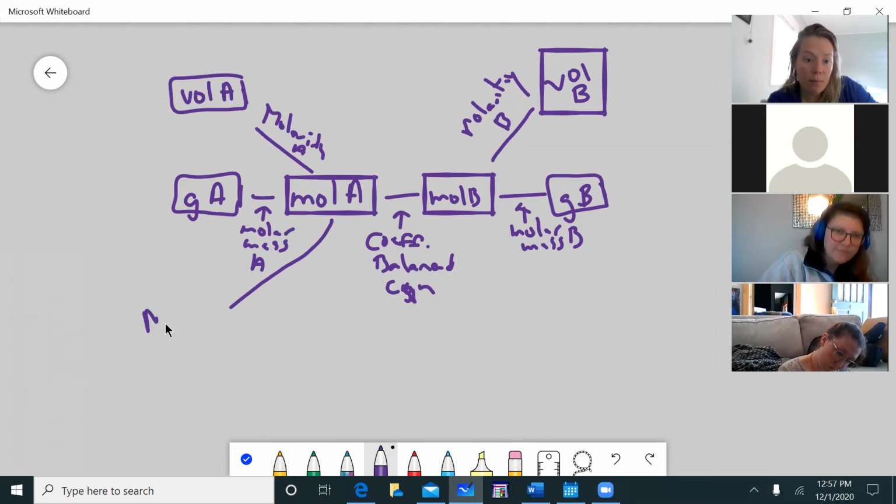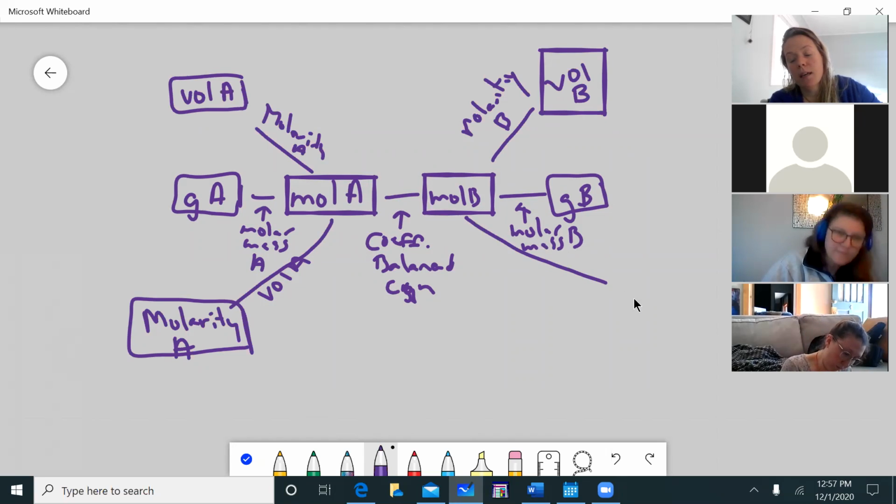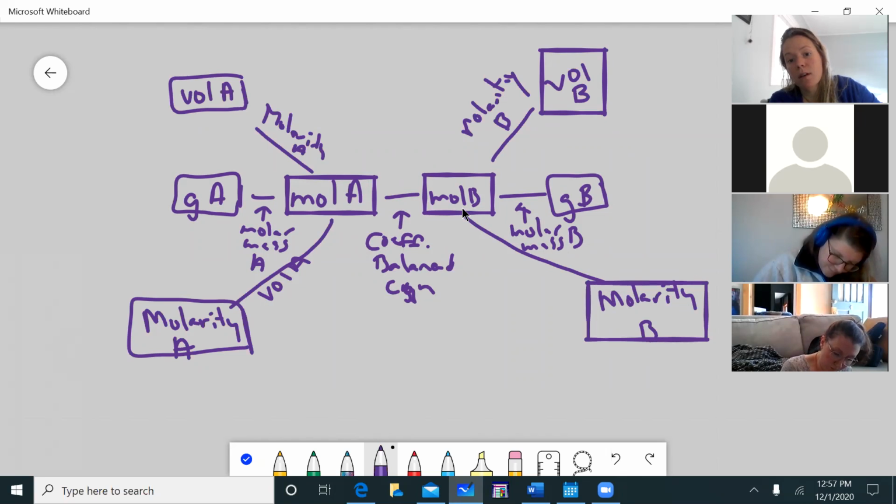So let's say molarity of A. How would I get from molarity of A into moles of A? I would use my volume of A. That would be how those connect to each other. And then same thing over here, I'm going to put a limb coming off of my moles of B, and I'm going to put molarity of B. And how could we hop between moles of B and molarity of B? We would use the volume of B to make that happen.